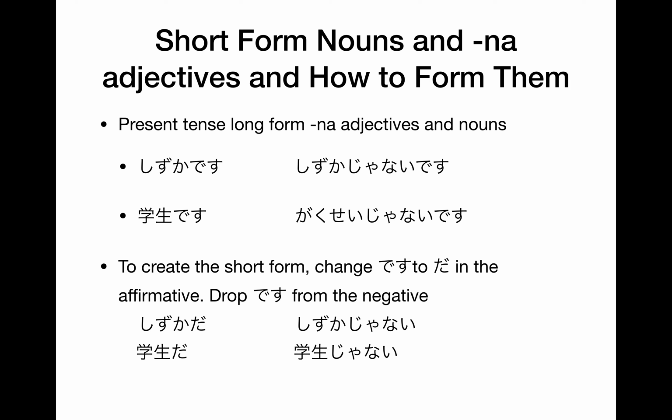But so desu turns into da for the short form affirmative. For the short form negative, again, you just drop the desu. So shizuka da and shizuka janai, short form na-adjectives. And then gakusei da, gakusei janai for short form nouns.